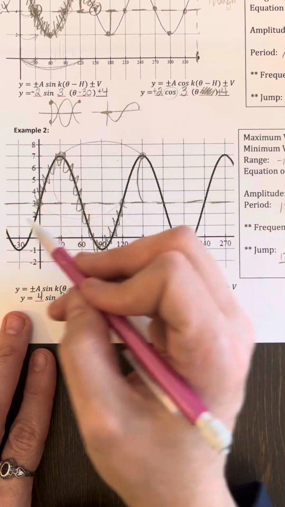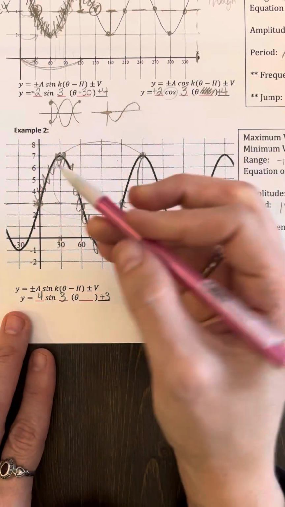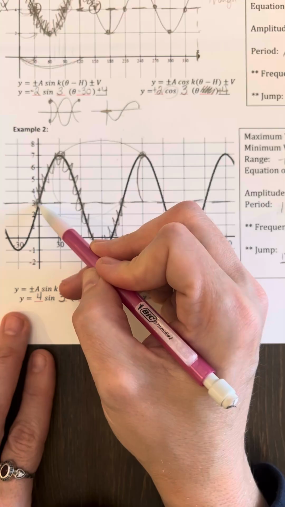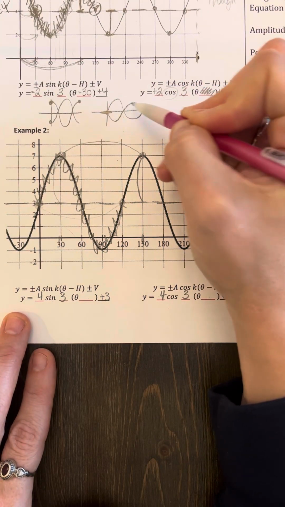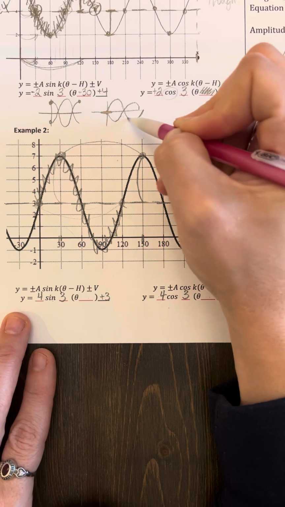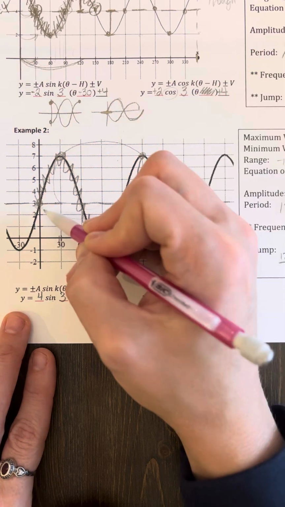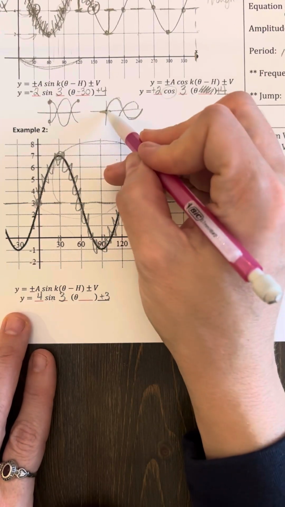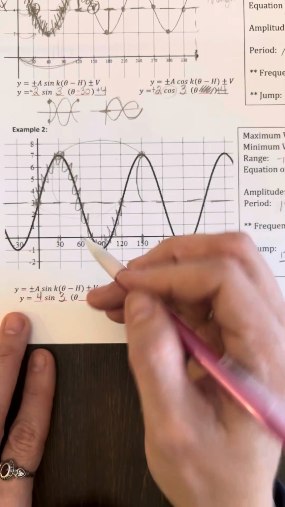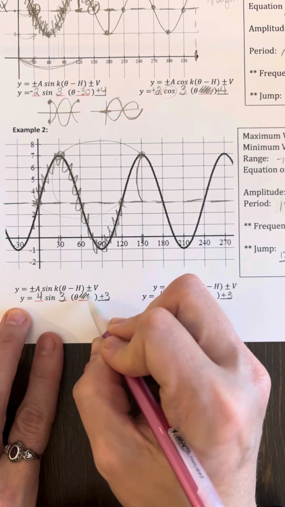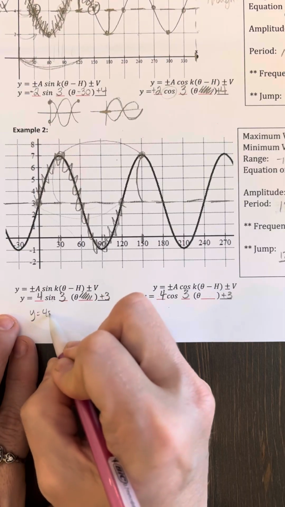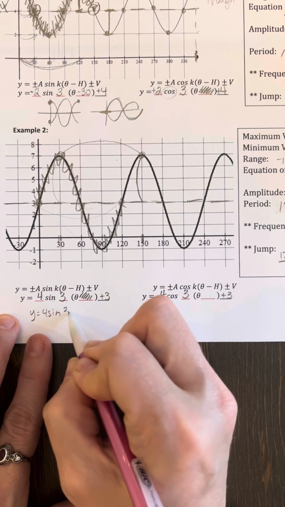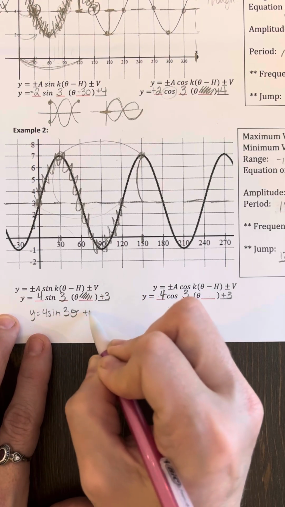There would be no horizontal translation because that's where the parent sine wave starts. This is the parent positive sine wave. It starts at 0, goes up. This one starts at 0 too. So there is no horizontal translation. You would just write this as y equals 4 sine 3 theta plus 3.